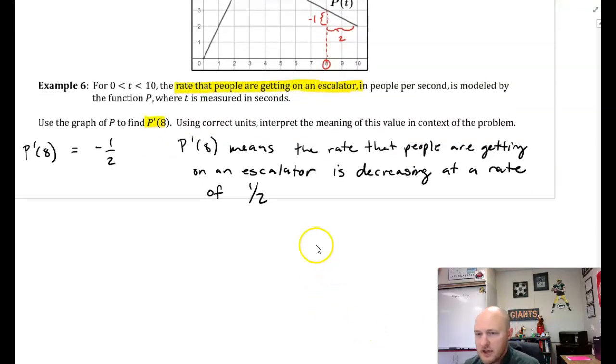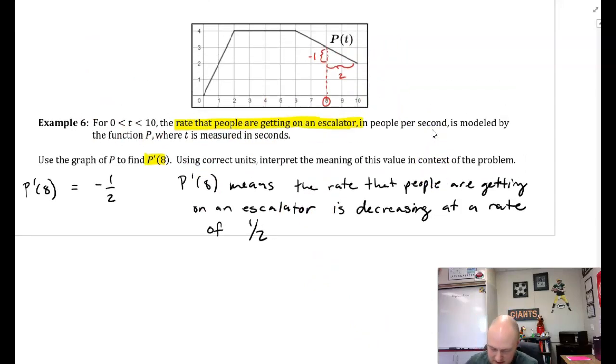And what are our units? Well, remember, it's very, very important, especially if you have a graph. Here they say the rate is people per second. So here we have people per second, and then after t seconds. So this is actually people per second per second.